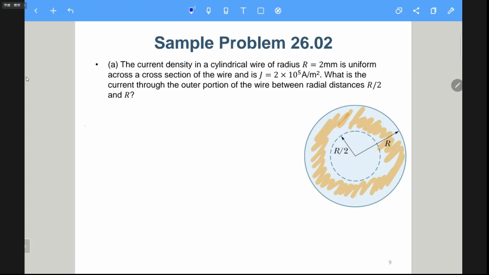So actually, I for that part will be J dot dA, but of course J will be a constant. So let us find A first.